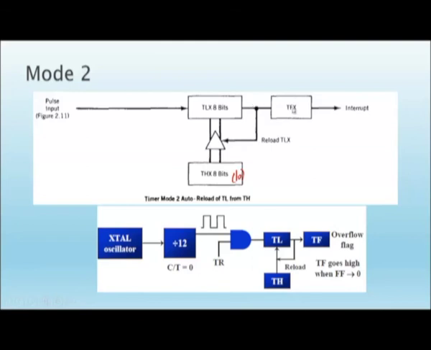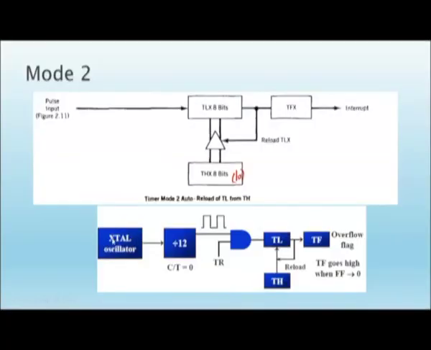After that the timer overflow flag will be set, and at the same time this 10 will be loaded again into the TL register. So, it gets the data from the higher register and counting starts in the lower register. This process occurs repeatedly without any interruption, which is why it is called automatic reload.